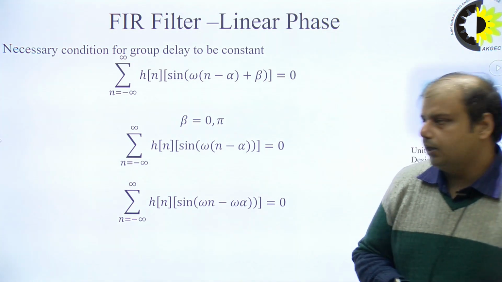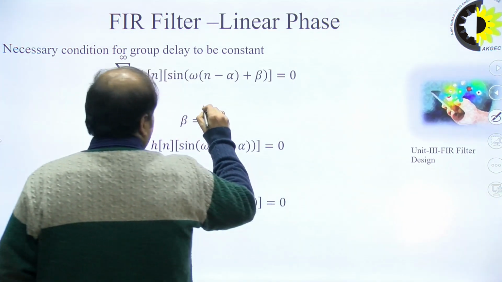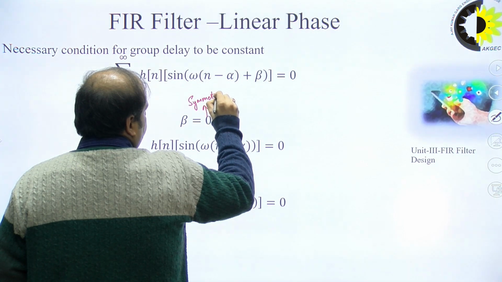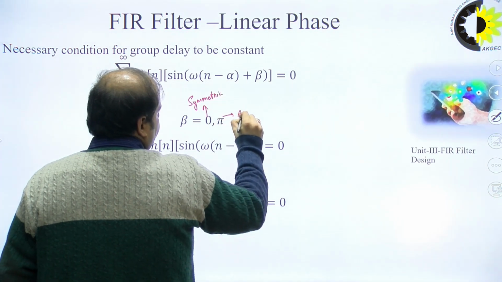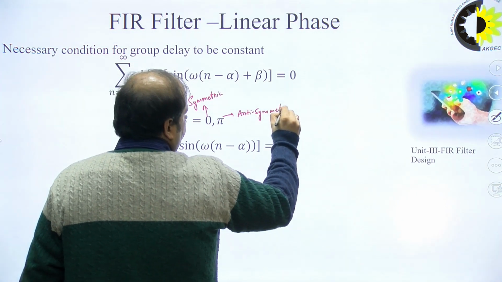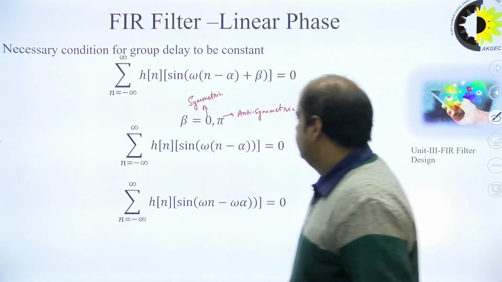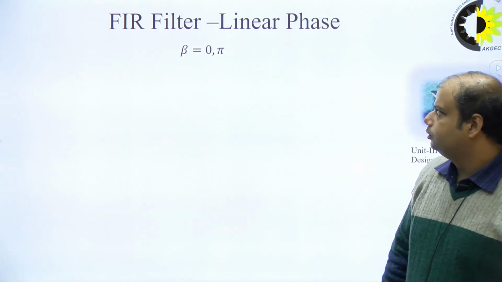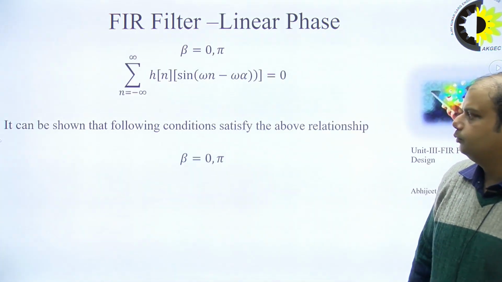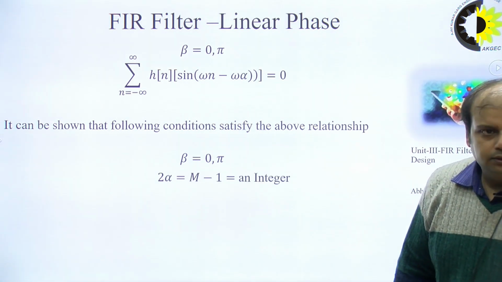In both cases we get two things: this is the case for symmetric, and this is the case for anti-symmetric. So the solution that satisfies this equation is that beta is equal to 0 or pi.